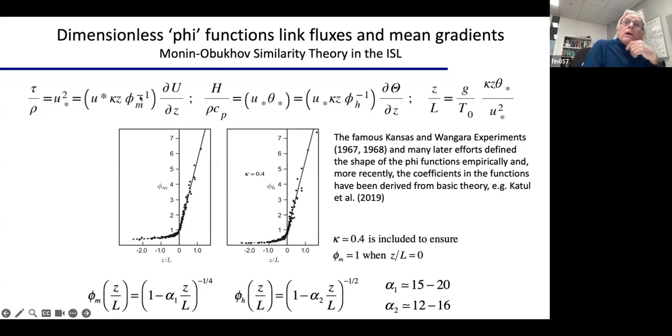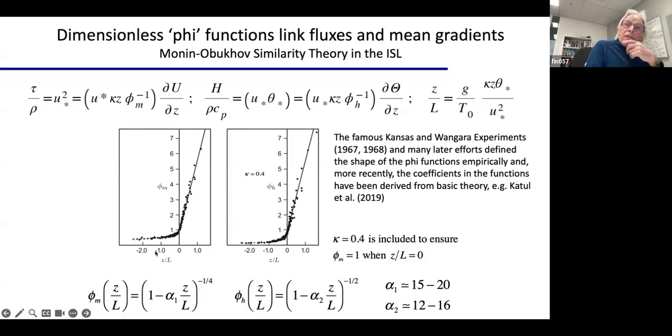So when there's no stability, when things are neutrally stratified, this function is 1, and so the diffusivity is just u star kz. If things get unstably stratified, so z upon L becomes negative, that phi m becomes smaller than 1, and so phi m to the minus 1 goes bigger, and the diffusivity increases.